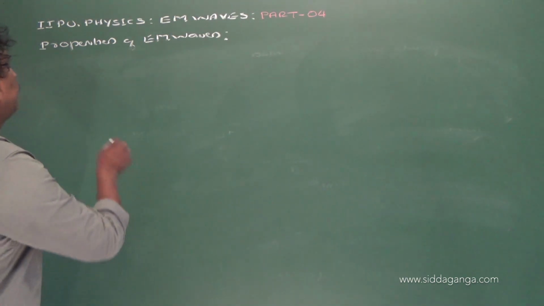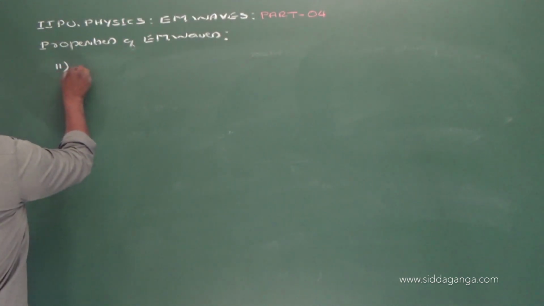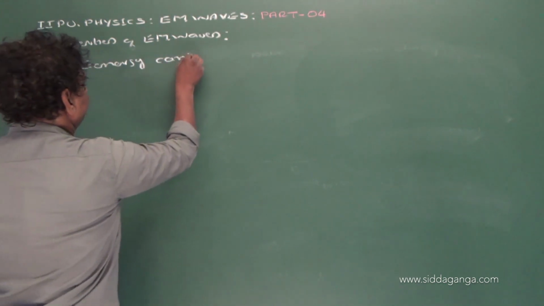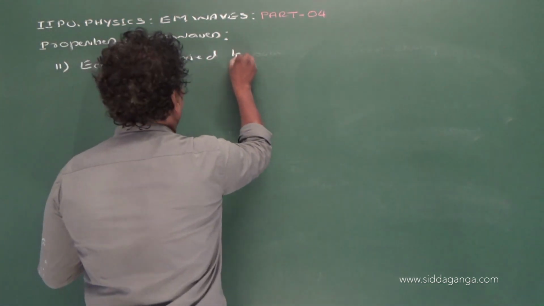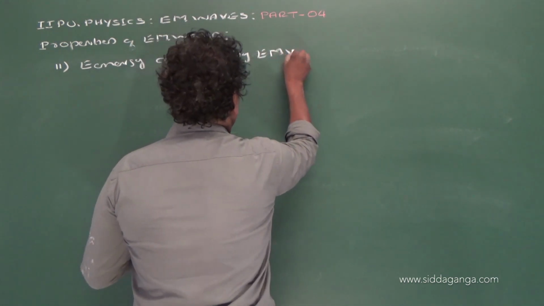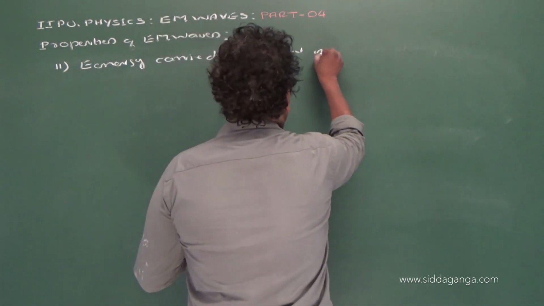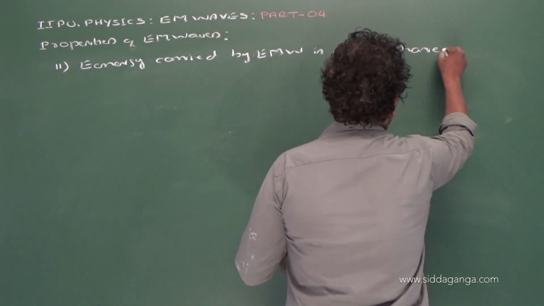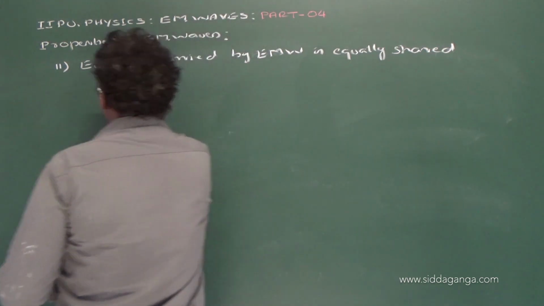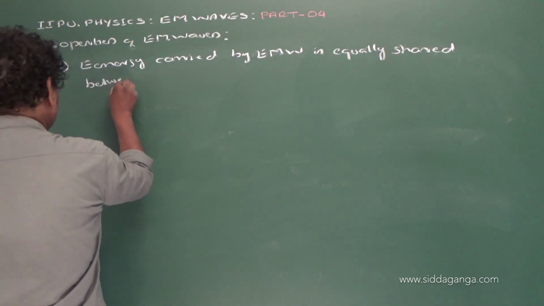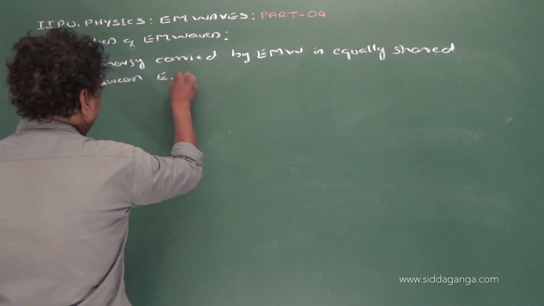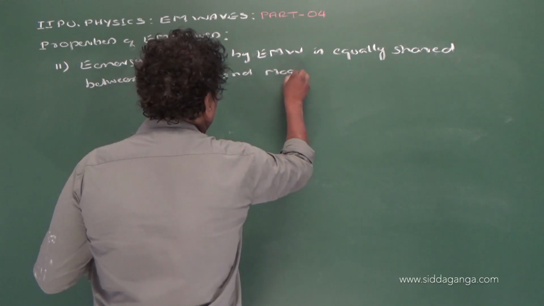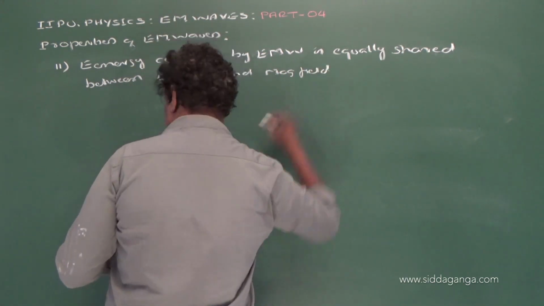Now the property number 11, energy carried by electromagnetic wave is equally shared between electric field and magnetic field.